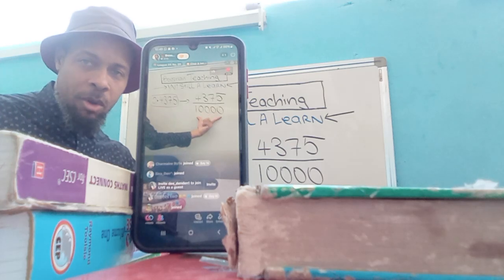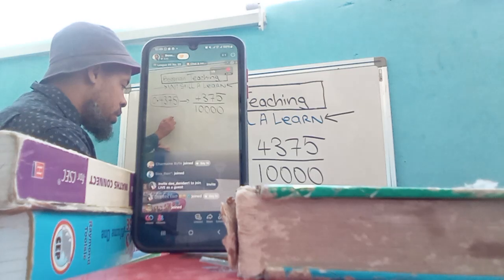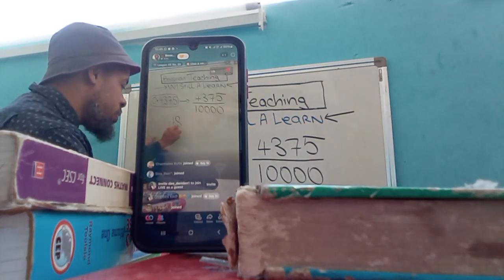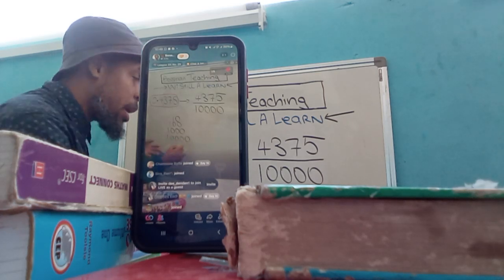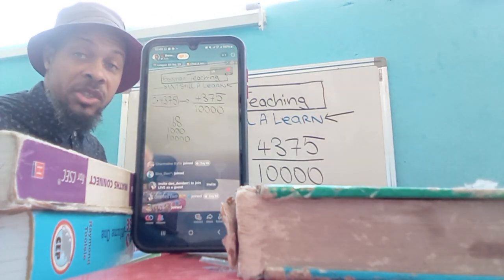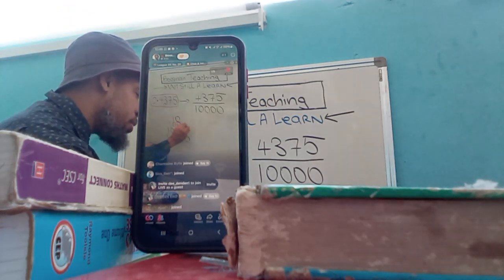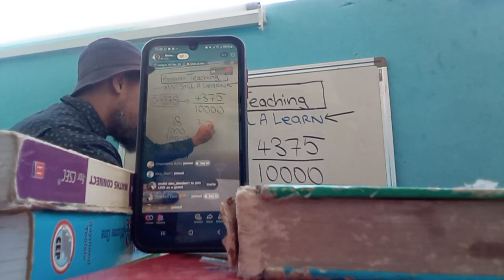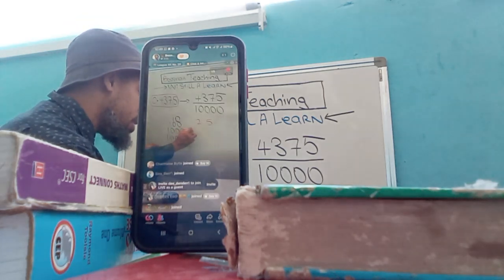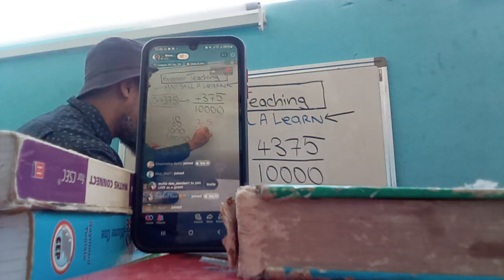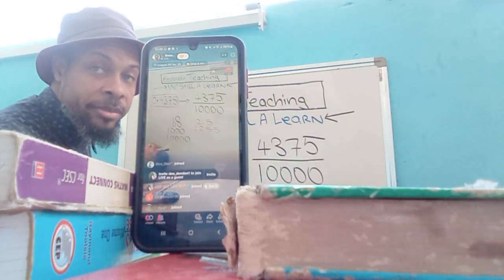There's a trick that I love about powers of 10. One of my favorite tricks is this. You have 10, 100, 1,000, and 10,000. For every 0 that you have, you get a 2 times 5. So therefore, 10 means you have 1 two and 1 five. If you have 2 zeros, it means you have 2 twos and 2 fives.